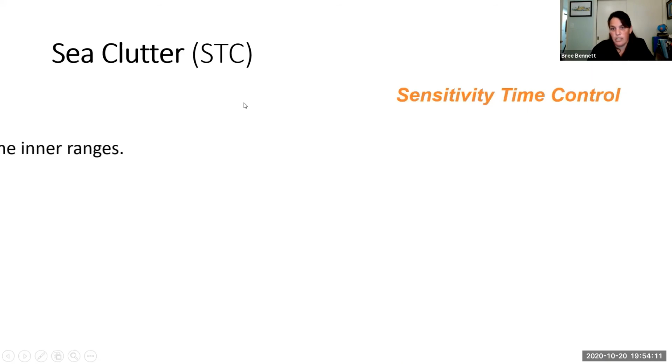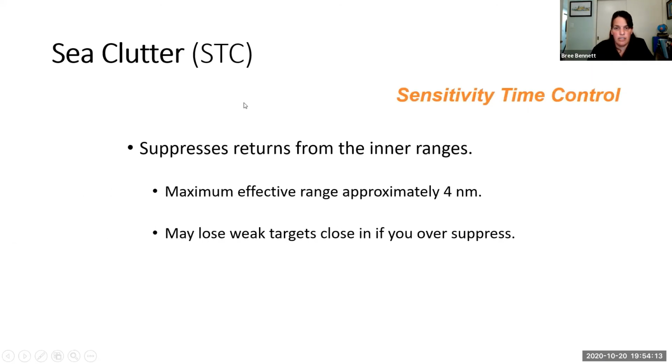Sea clutter, STC. Okay. Here we go. Let's just get all of these things here. Okay. So the rain clutter really affects, I would say it doesn't affect things close to you, it affects things further away.